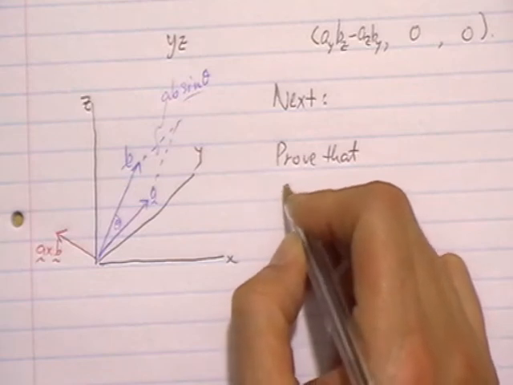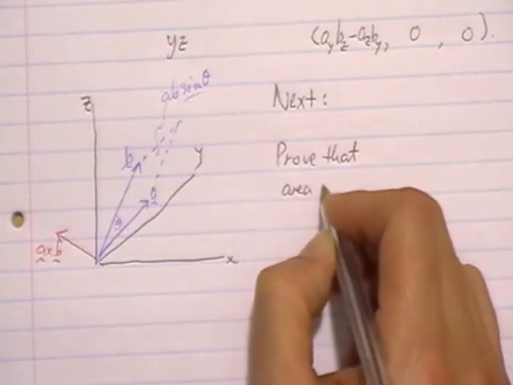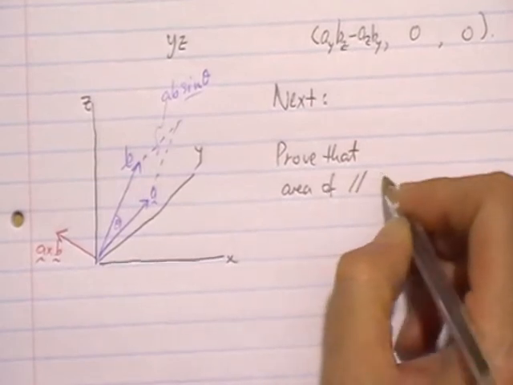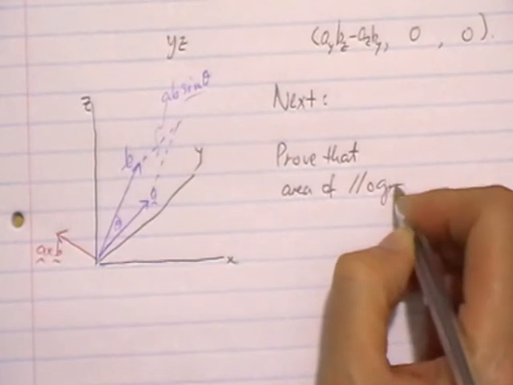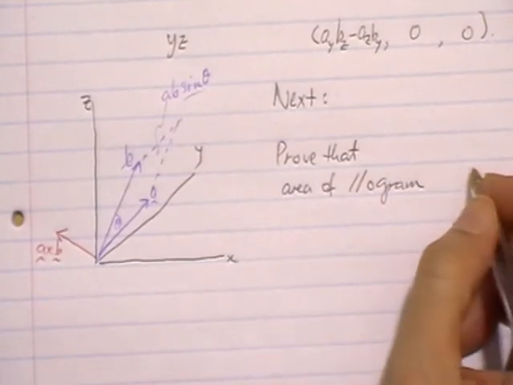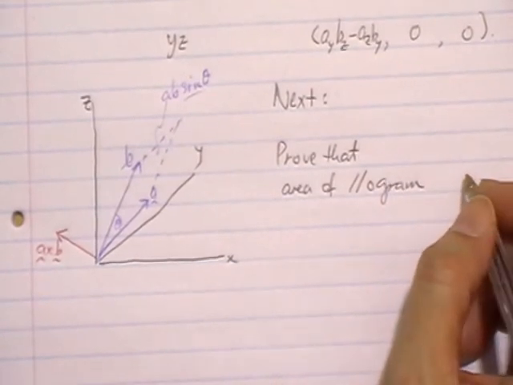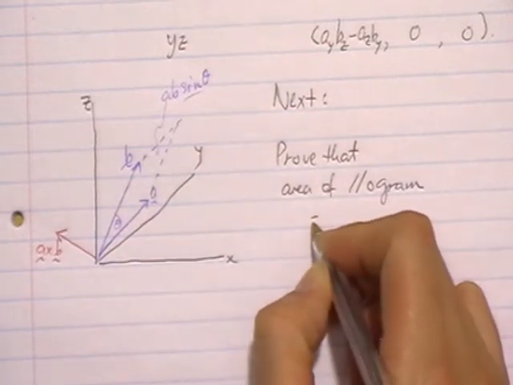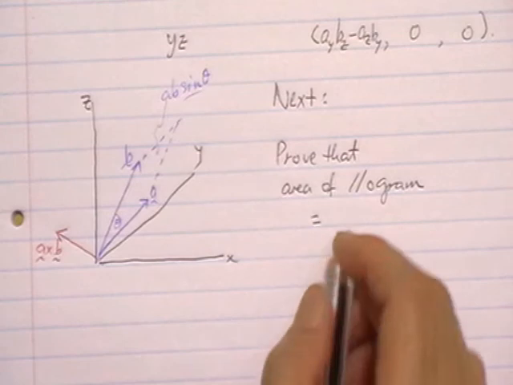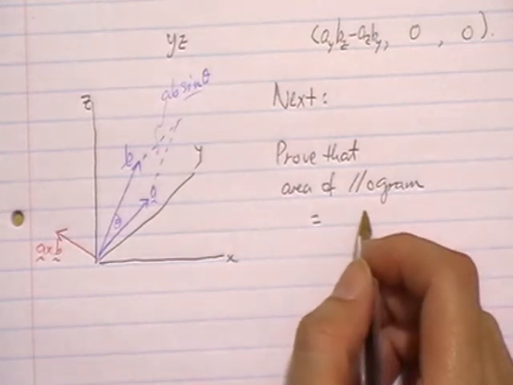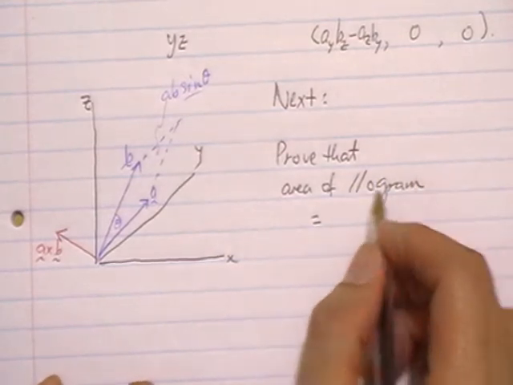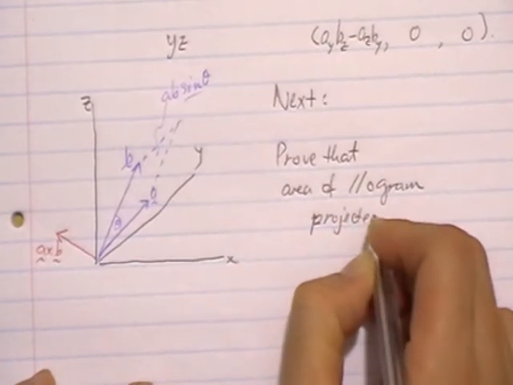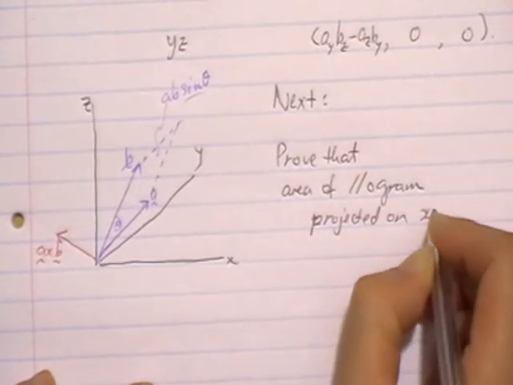I need to prove that the area of this parallelogram is equal to the area of the parallelogram projected on the xy plane.